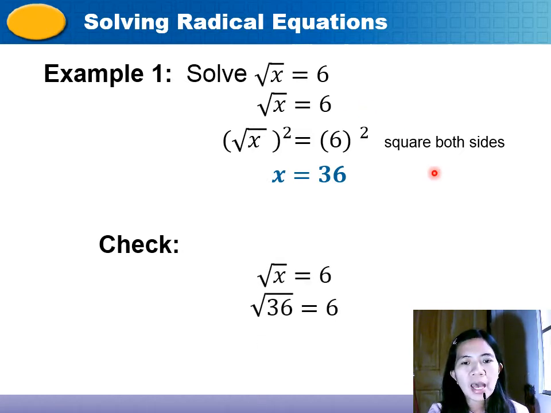We have the square root of 36 equals 6. Then 6 equals 6, meaning it is true. So the solution of the given equation is 36.